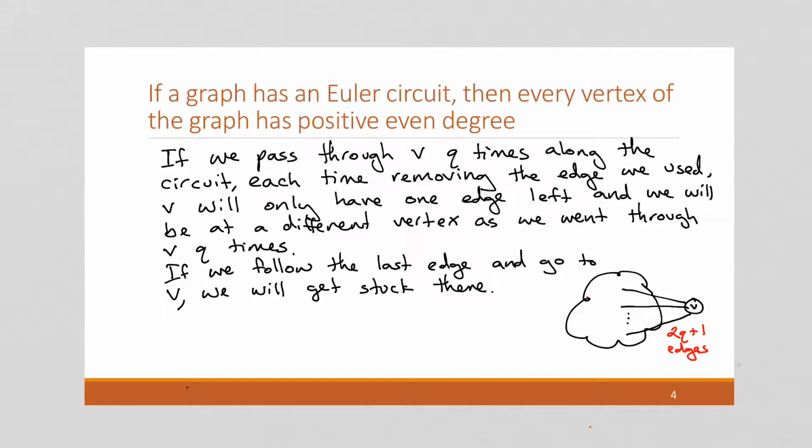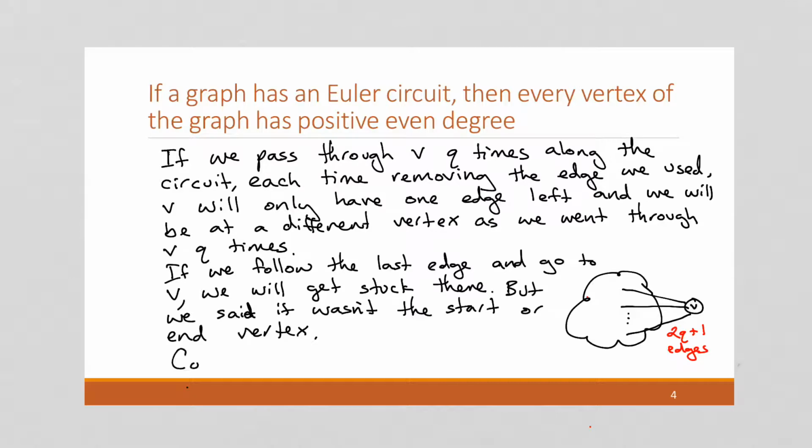But we said it wasn't the start or end vertex. And there's our contradiction. Right? So if a graph has an Euler circuit, then every vertex of the graph has a positive even degree.